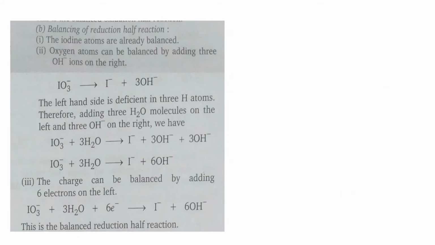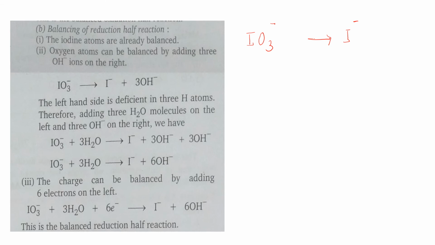Now the reduction half reaction is IO3- is giving you I-. Now I is already balanced. See for oxygen. Here we have 3 oxygen in the left hand side. Don't forget that the reaction is moving in a basic medium.